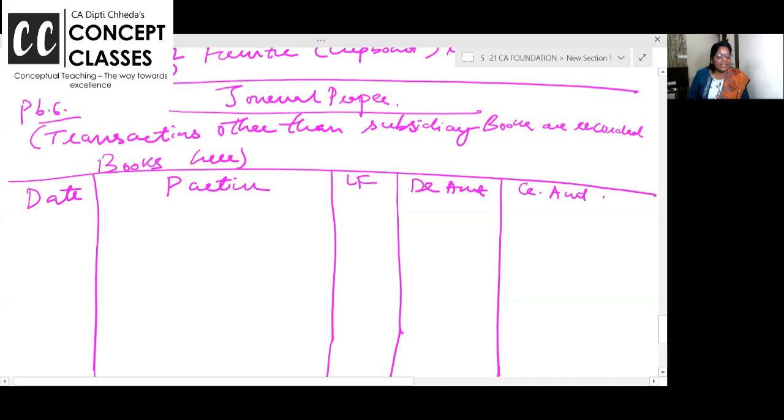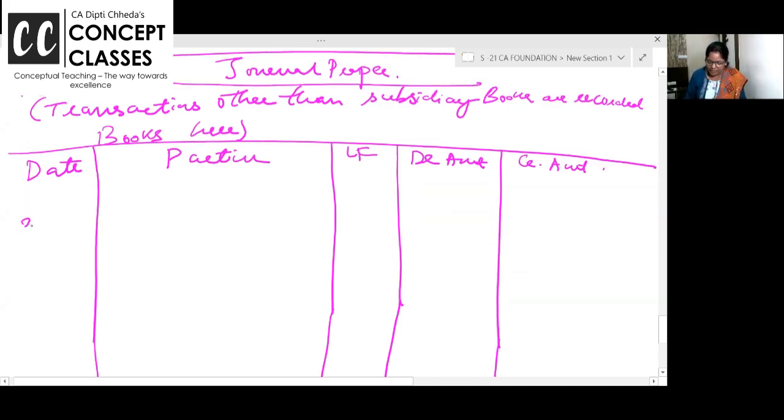6th wala transaction we will record first. No, 3rd of January. Let's take April, okay, 3rd of April. We purchased typewriter on credit. Typewriter is my asset. This is an old book problem. So typewriter, whatever, laptop, computer, furniture, chair.